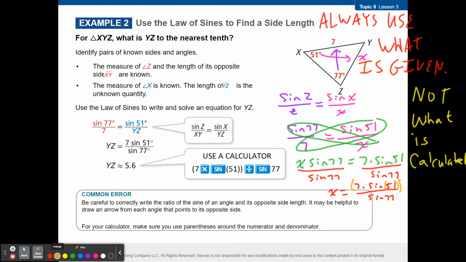Yeah, Shane. If your calculator has the fraction template, you can just do that numerator over the denominator and you'll know. But not everybody has that, so that's why I'm showing it this way. I'll even admit some of my calculators don't have that. Make sure you get about 5.6.